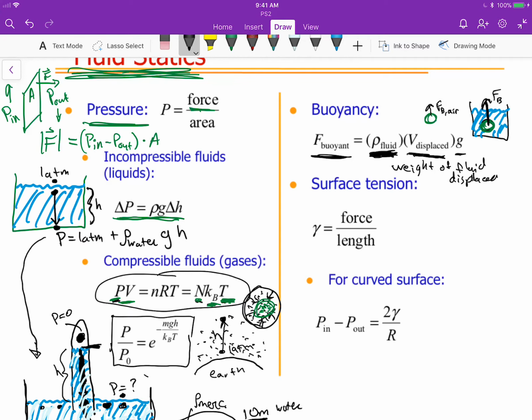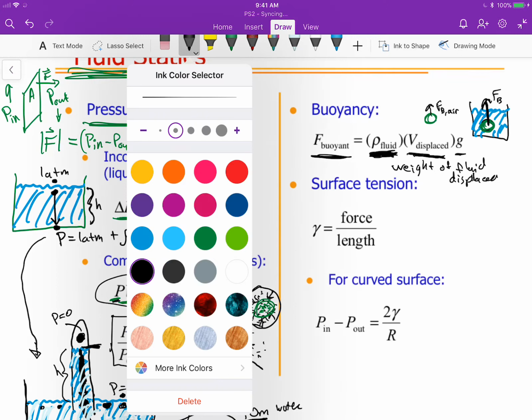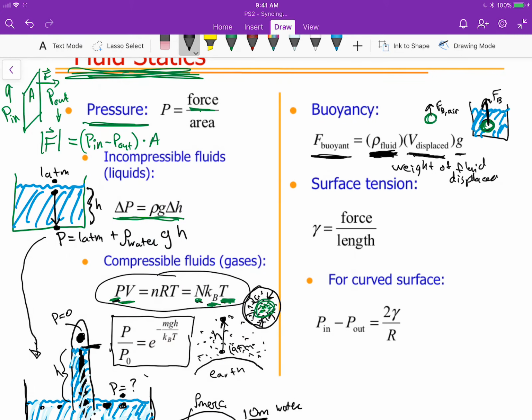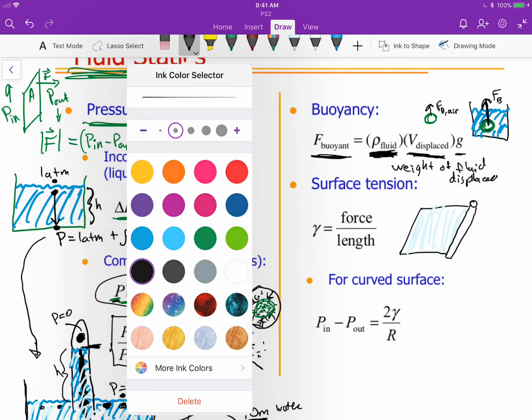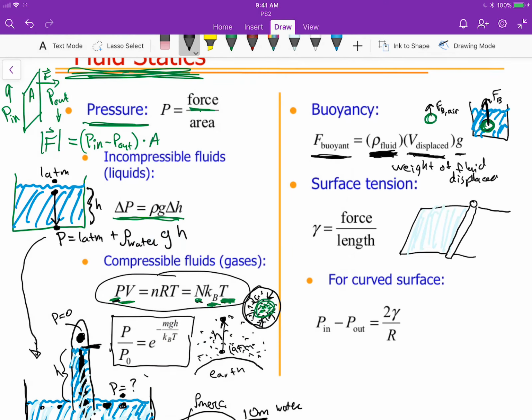So surface tension, this one I got a lot of questions on, so let's go back to the demo we did in class to learn this. Basically, we had some surface here, and then there was a bubble right here, and then we stuck a bar at one edge of this, like that, and then there was no bubble over here.